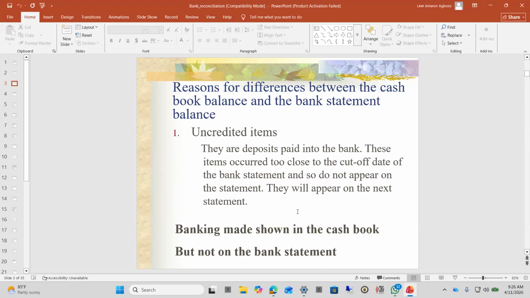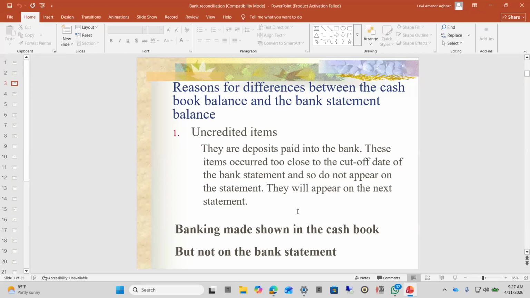Now, we want to look at the reasons for differences between the cash book balance and the bank statement. When I say the bank statement, I mean the statement that the bank gives you. I hope all of us know what a bank statement is. Your bank statement is when you open a bank account at a bank, every transaction that you do, both deposit or withdrawal, the bank makes an entry in that account for you.